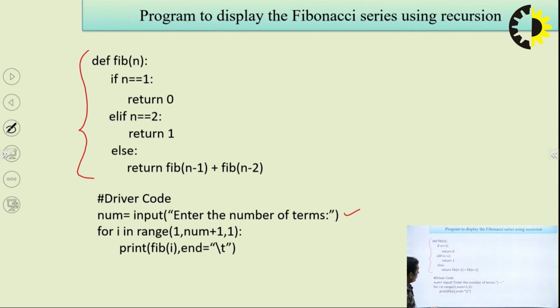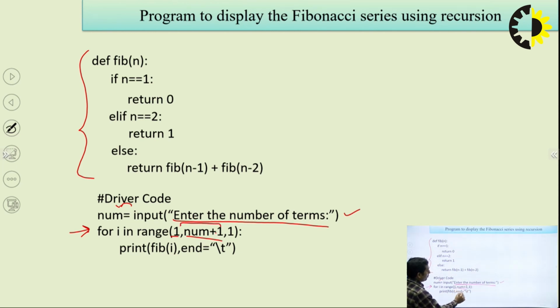So here we enter the number of terms, and we want to print the whole series for those terms. We get it in num and use the looping concept to generate the different terms from term number 1 to term number n plus 1. Why n plus 1? Because this is excluded.